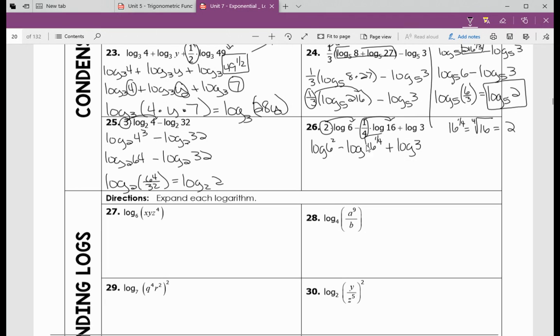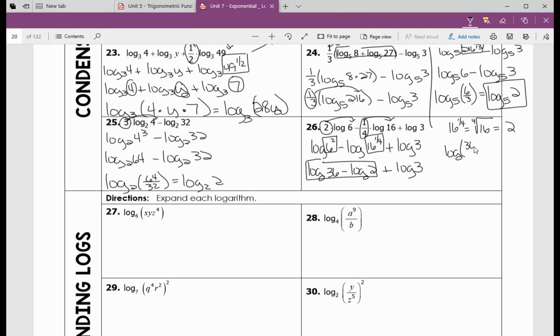So I'm going to change this to a 2 because I have simplified it. So in the same step, I'm going to go ahead and do 6 squared, which is 36, minus log of 2 plus log of 3. So as I read from left to right, I'm going to do the subtraction first. So log 36 minus log 2 is written as a fraction, 36 divided by 2.